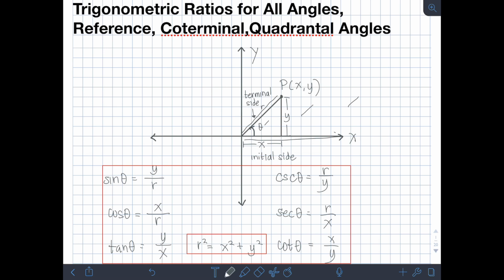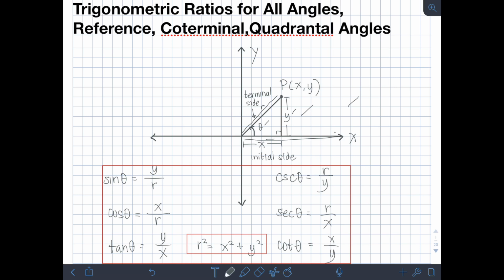So using this figure, pwede tayong makabuo ng right triangle. So yung legs niya ay itong x units at y units, which is corresponding doon sa coordinate ng terminal point P, which is x, y.